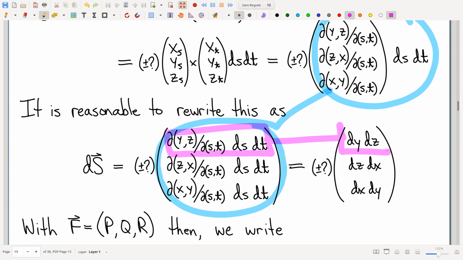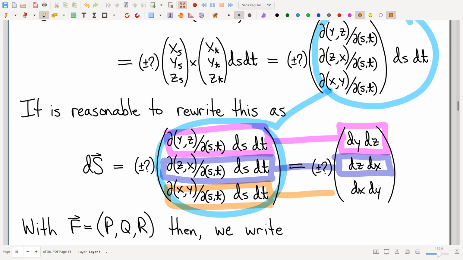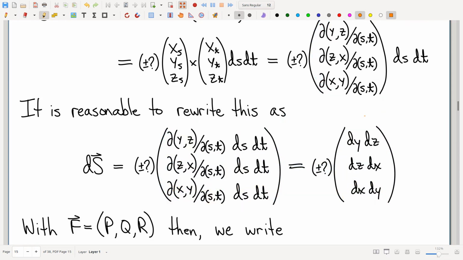So for example, this right here, you remember when we saw this kind of thing back in chapter 5, and this became dy dz. So this is a very natural choice of how to write that thing. And then likewise, it's pretty natural to call this dz dx, and it is pretty natural to call this dx dy. So common choice of notation.